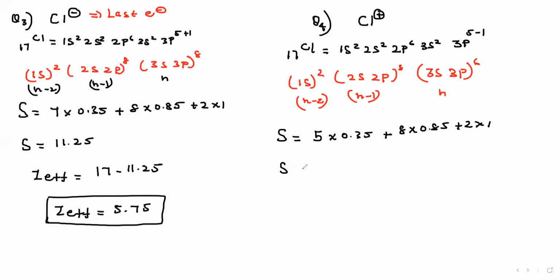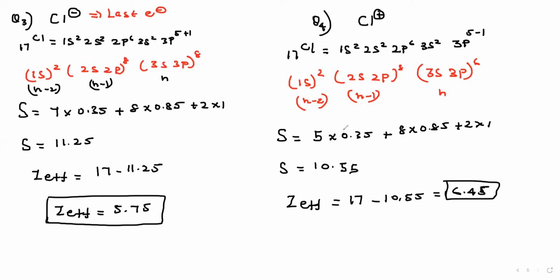It is around 10.55. Got it? Now what is Z effective? 17 minus 10.55. What is the value? Around 6.45. Okay.